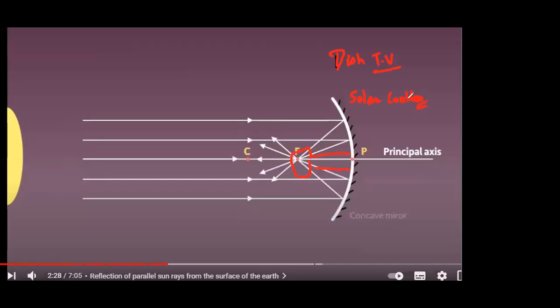When you talk about a solar cooker, think about it. All the light rays that are coming from infinity like this, from the sun, don't you think that they all will converge at one point? Yes or no?